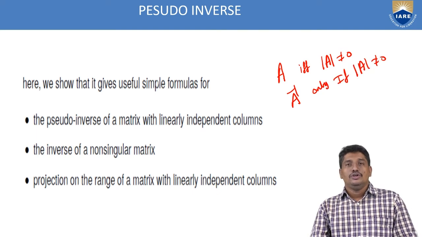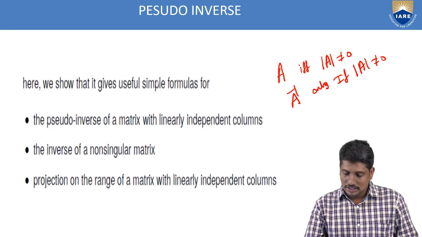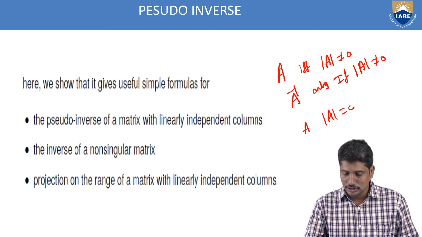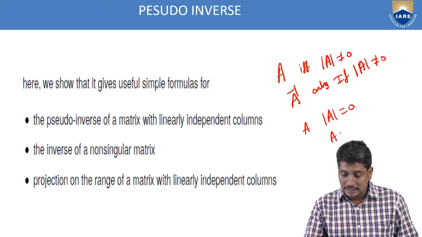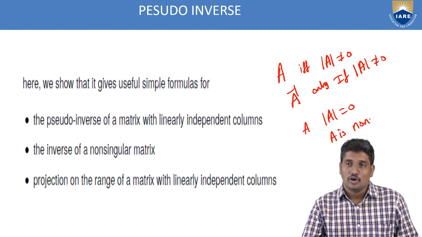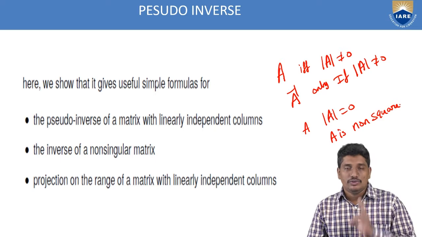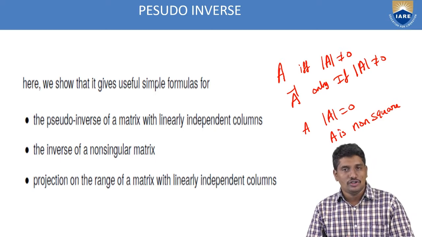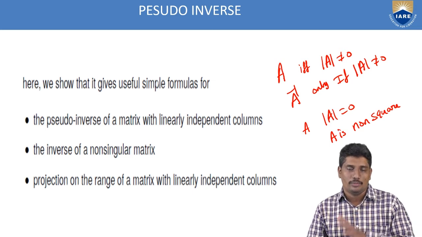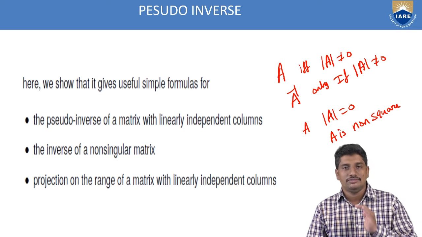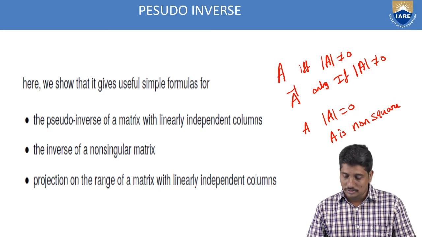That means A doesn't have an inverse if its det is 0, or if A is a non-square matrix or rectangular matrix. A matrix will have an inverse only if the det is non-zero and the matrix is a square matrix. If det is 0, the matrix does not possess the inverse, and if the matrix is rectangular, it doesn't possess an inverse.